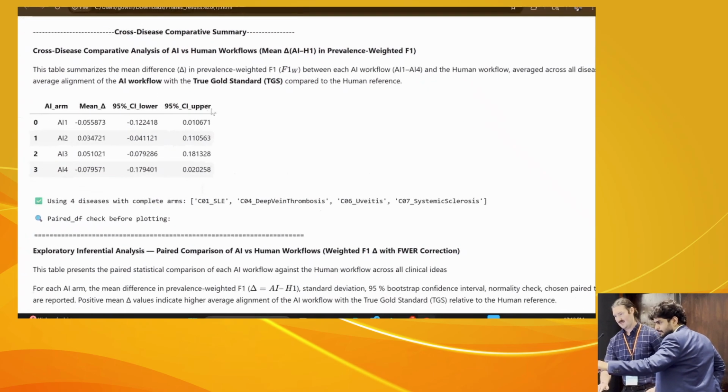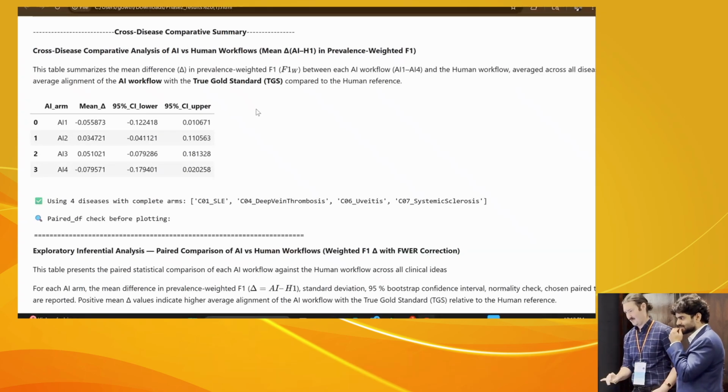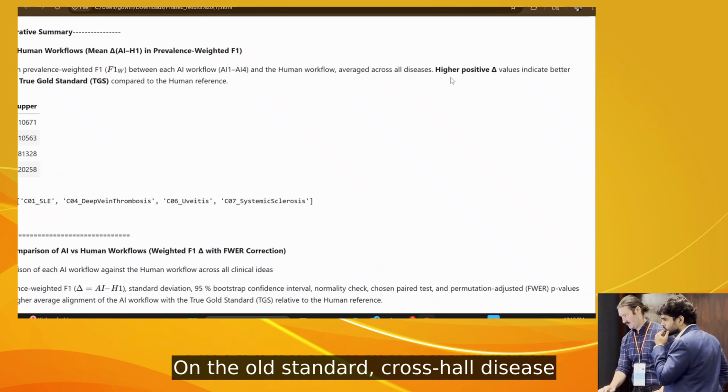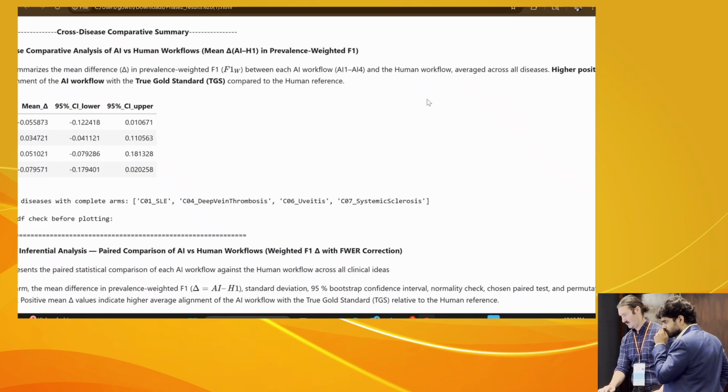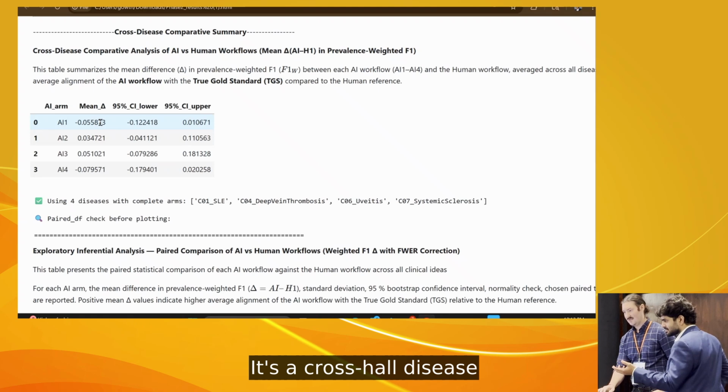And the gold standard across all diseases. It's across all diseases.